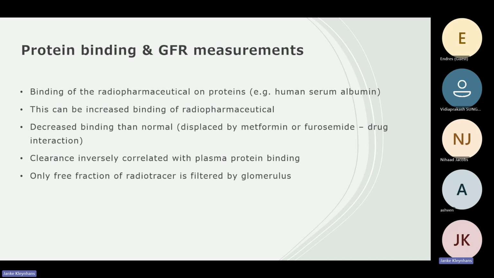So there is some drug interaction here that can make you overestimate GFR function, and if you have a radiopharmaceutical that binds more, it can underestimate GFR function. So you should know the constraints of protein binding and also special patient requirements according to that. Only the free fraction of the radiopharmaceutical is filtered out by the kidneys. Great.